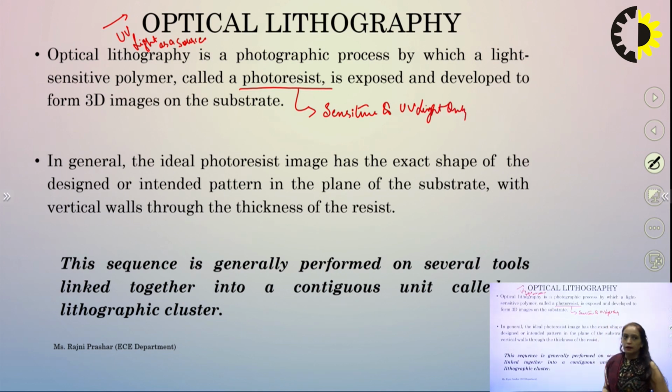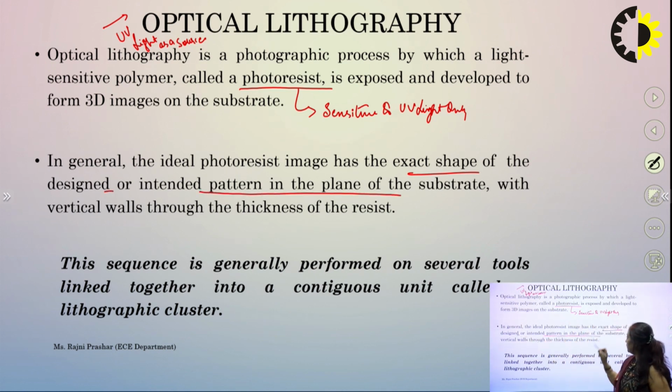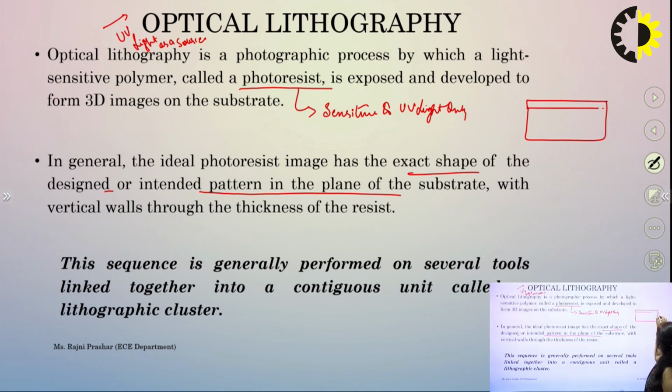In general, the photoresist image has the exact shape of the design or the intended pattern in the plane of the substrate, with vertical walls through the thickness of the resist. Over the silicon dioxide layer, on the p-type or n-type substrate, we first deposit the PR, the photoresist material.